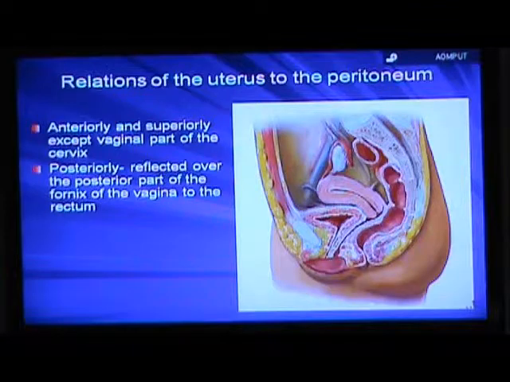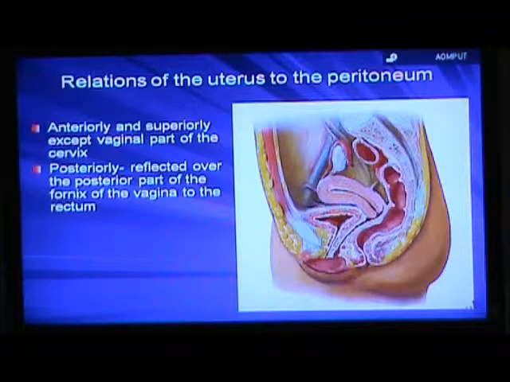Anteriorly and superiorly, except the vaginal part of the cervix, the uterus is completely covered with the peritoneum. Posteriorly, the peritoneum is reflected over the posterior part of the fornix of the vagina to the rectum.